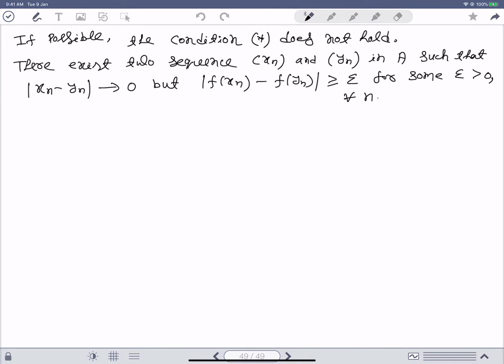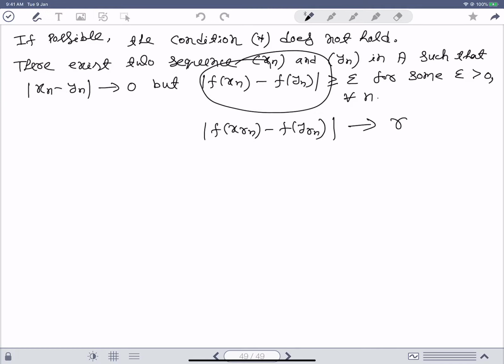Now if it diverges to infinity, that means after some stage all of these numbers will be bigger or equal to some positive real number. Now if this sequence is an oscillating sequence, then we will have a subsequence of this oscillating sequence, say f of x_rn minus f of y_rn, that converges to some number r that is bigger than 0. Therefore after some stage all of these numbers are bigger or equal to some epsilon.